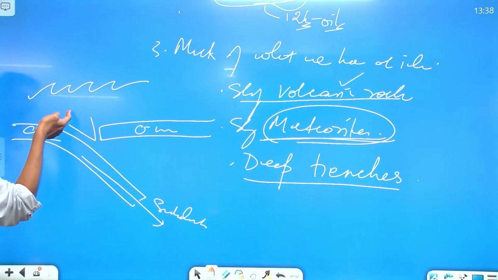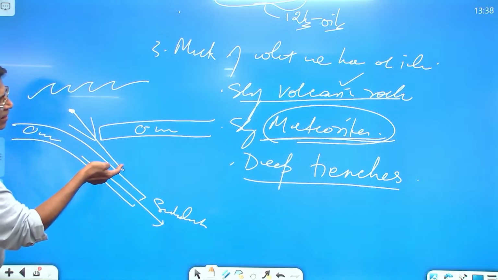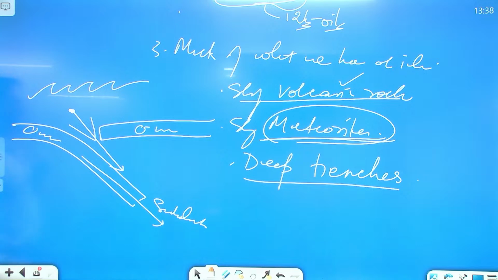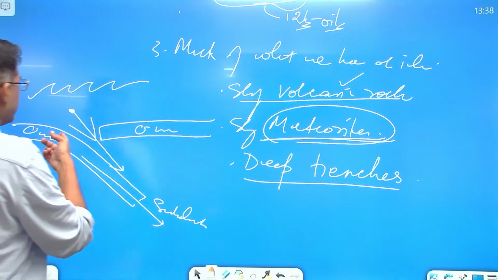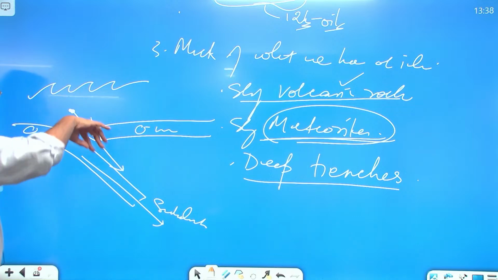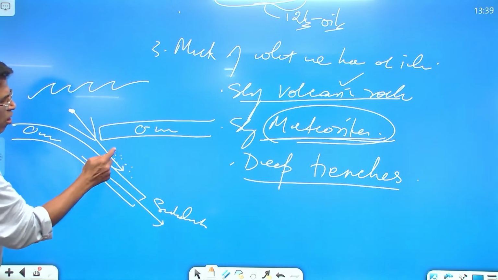Okay, so there are ways by which I can study what is there in these gaps. These gaps are called trenches. Some of you know this, others just get familiar. So in trenches I can observe in some ways what the deeper rocks in the mantle are made up of.